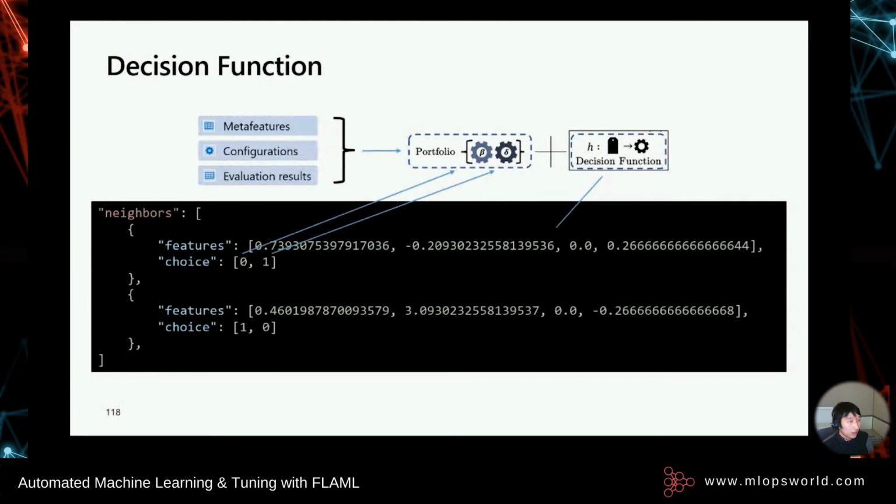For example, if the first configuration is the top preference of the nearest neighbor task, the recommendation should be choice 0, which corresponds to the first configuration in our portfolio. With this approach, we can recommend multiple configurations in the sorted order. So you can easily extend our zero-shot approach to k-shot.